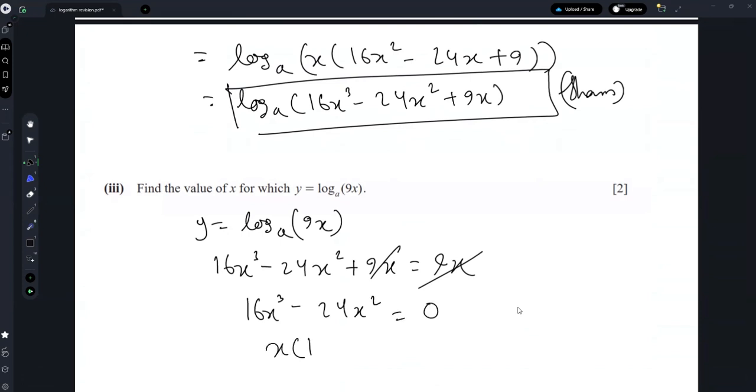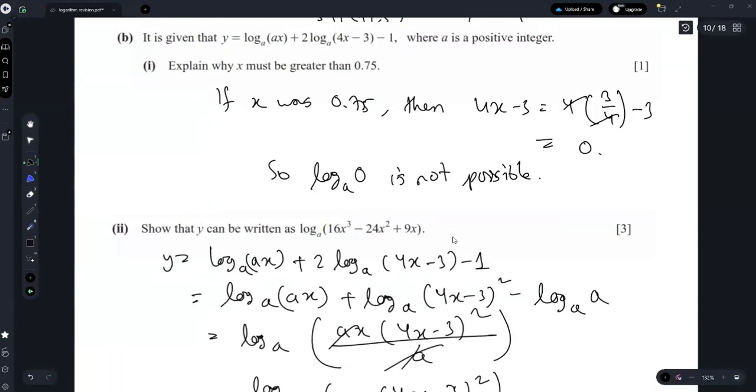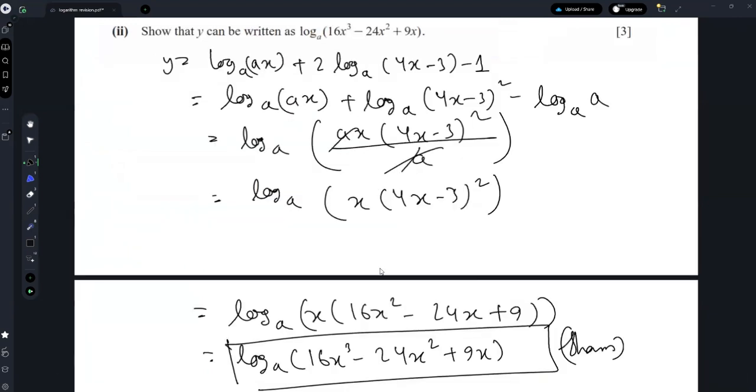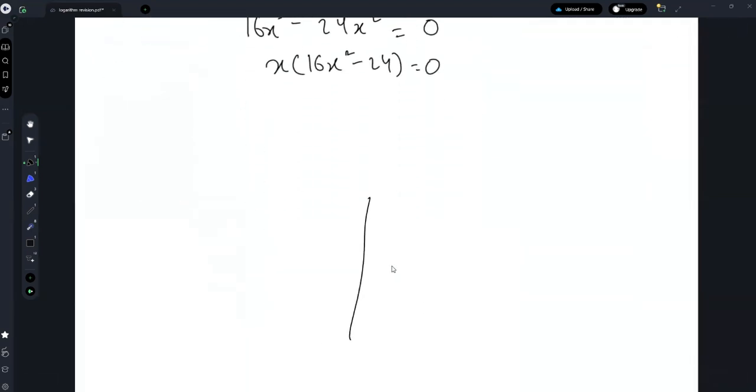So I get x(16x squared minus 24) equals 0. Now here's another problem. According to the question, x must be greater than 0.75, according to the statement earlier. So if that's the case, then I can easily say that x equals 0 is not acceptable.